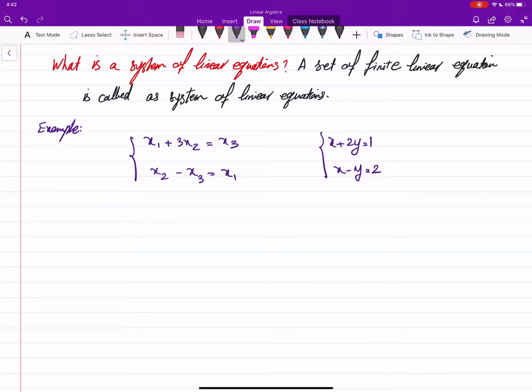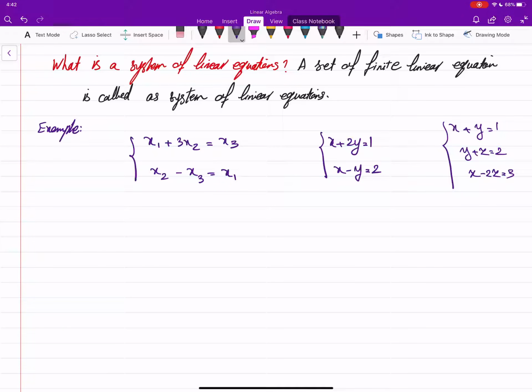This can be more than 2 equations, any finite number. For example, x plus y equals 1, y plus z equals 2, x minus 2z equals 3, and put all of them together. That's a system of linear equations. Just a fancy word for putting a bunch of linear equations together.